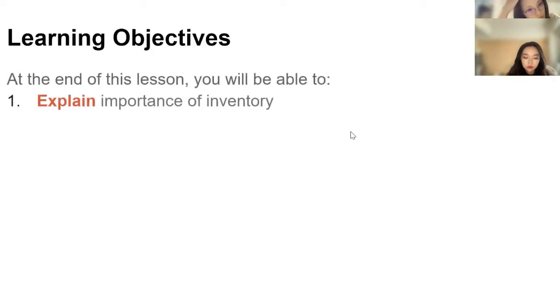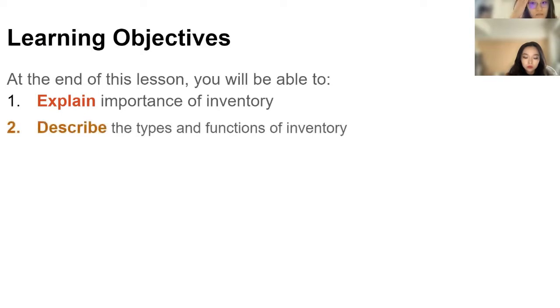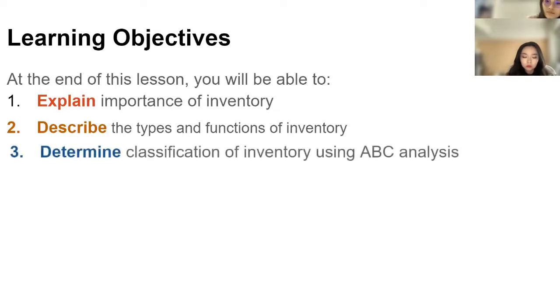So at the end of this lesson, for today, I want you to be able to explain the importance of inventory, and then describe the types and functions of inventory. And after that, I'm going to introduce to you the ABC analysis, which is actually a method for classifying.